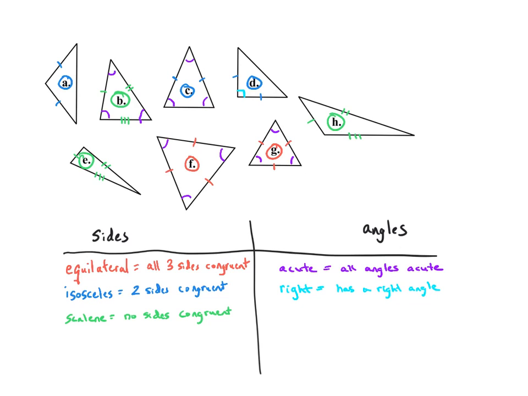The third type of triangle according to its angles is a triangle that has an obtuse angle in it. So there's an obtuse angle, and it's hard to see on this one, but it has an obtuse angle right here on triangle E, and triangle A has an obtuse angle right there. We call those obtuse triangles.